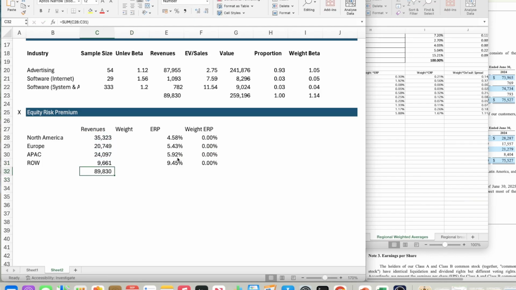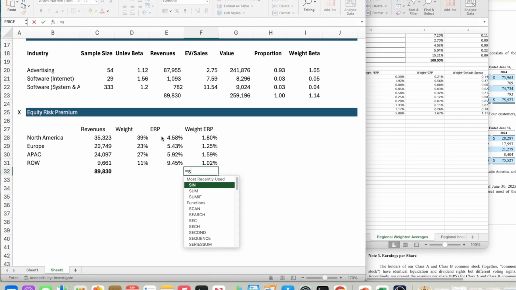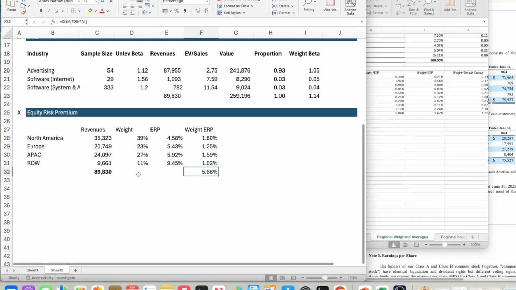So, now we can do our weights. Remember, just lock in the total, because we can pull this down. And now we have our 5.66. Okay. I mean, that's about right, I think.